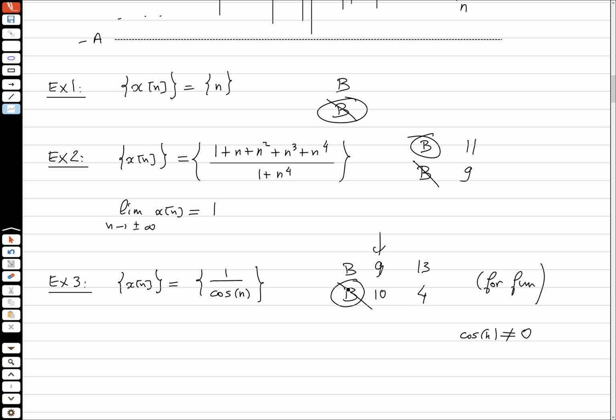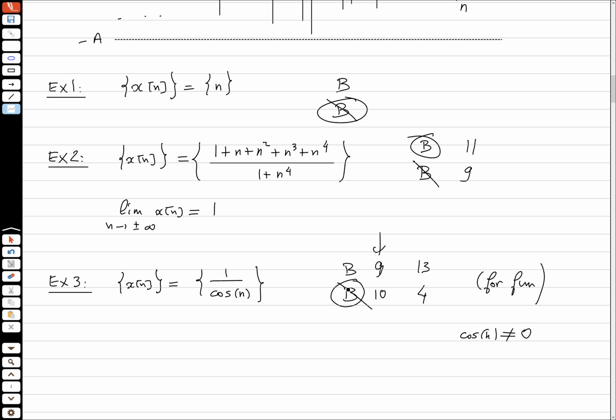All right. Cosine of n can never be 0. That's true. However, there is a however. It is always possible to choose n so that cosine of n is arbitrarily close to 0. You understand what that means? That means you give me a number, any number, it is always possible to find an n that makes cosine of n less than the number you give.